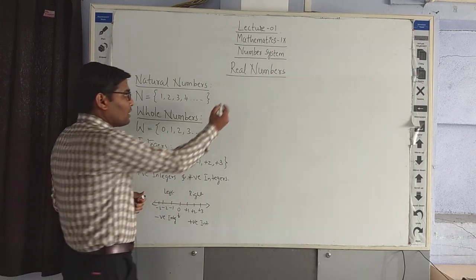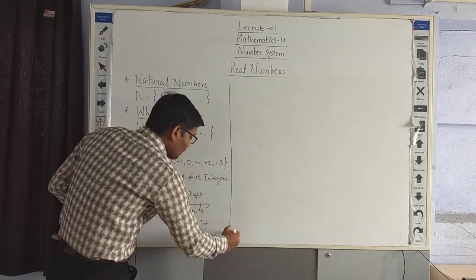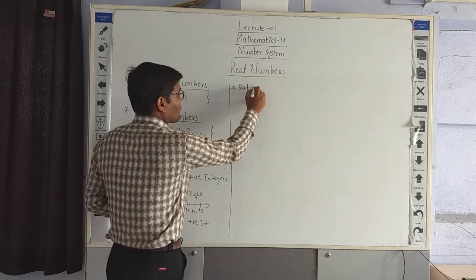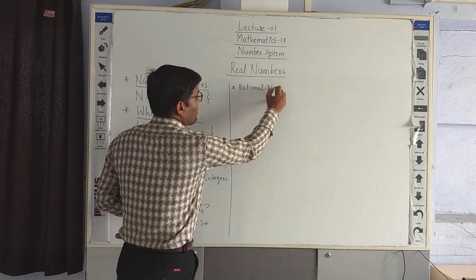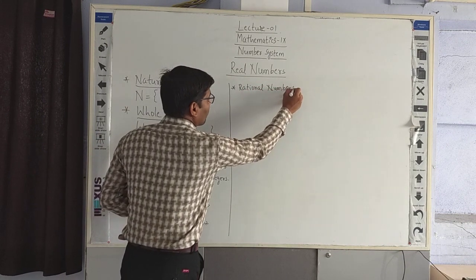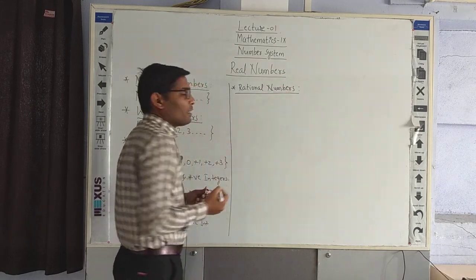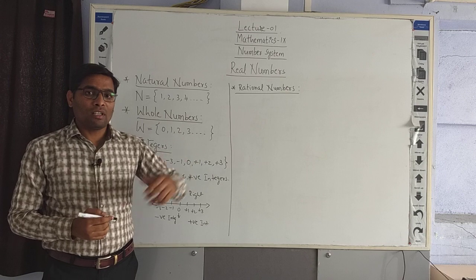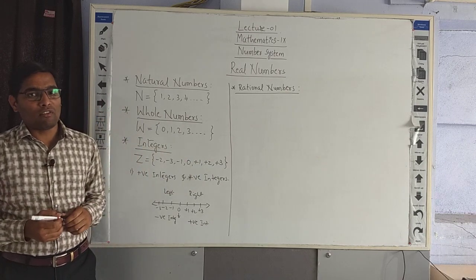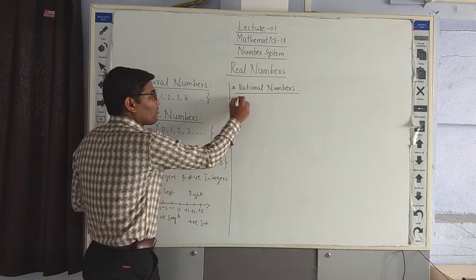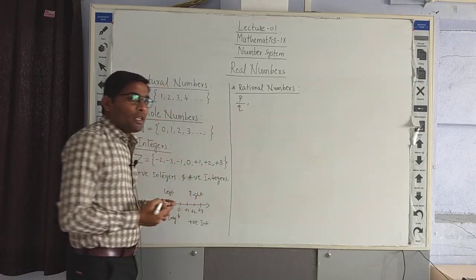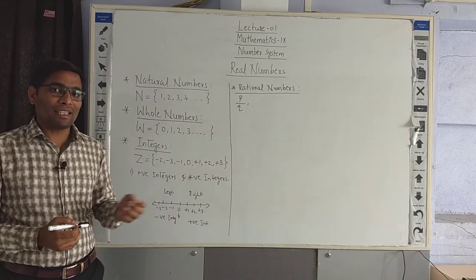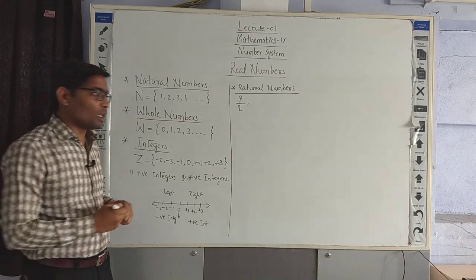Moving to the next type of number, that's very important, that is rational numbers. Rational numbers means a number which can be expressed or written in the form of p by q, where p and q both must be integers and q, that is the denominator, should not be equal to 0.